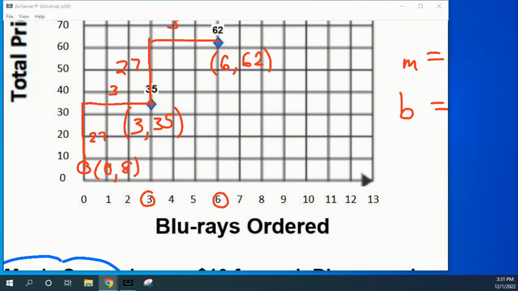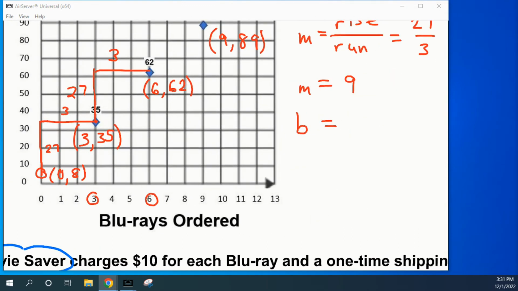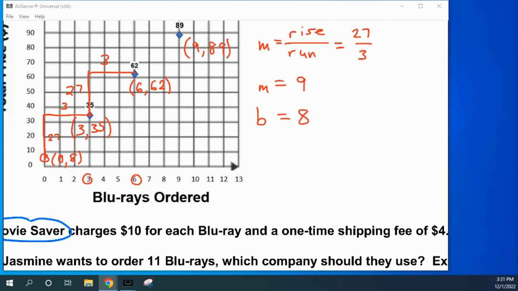So the point where our graph goes through the y-axis is at 0, 8. That means my y-intercept is 8. So the function for this is y equals our slope, 9, times x, plus our y-intercept of 8.